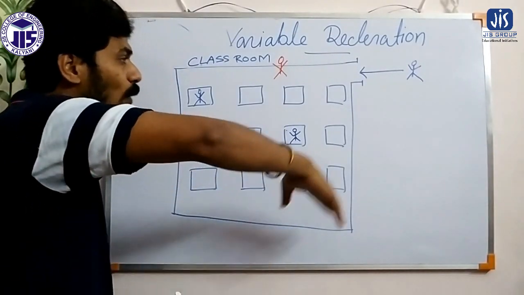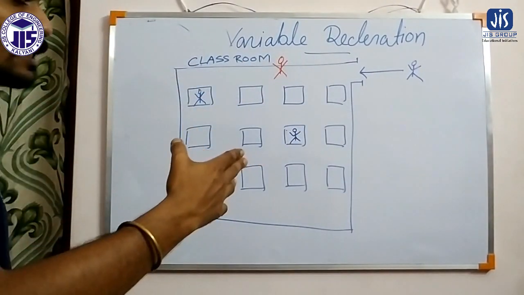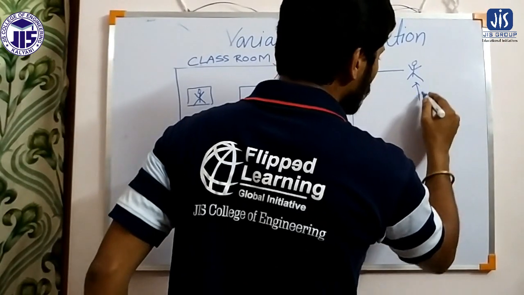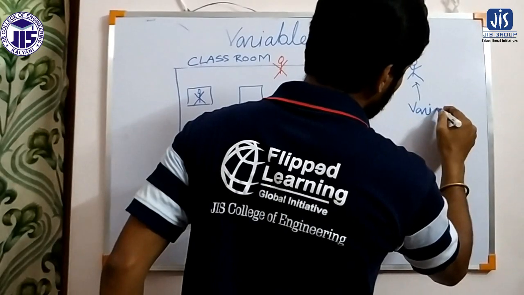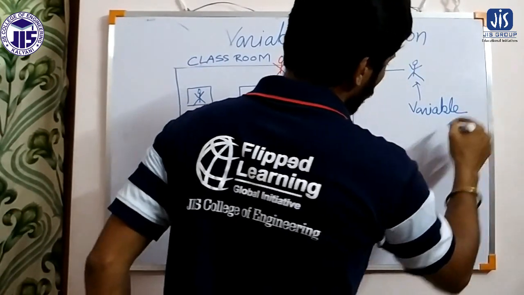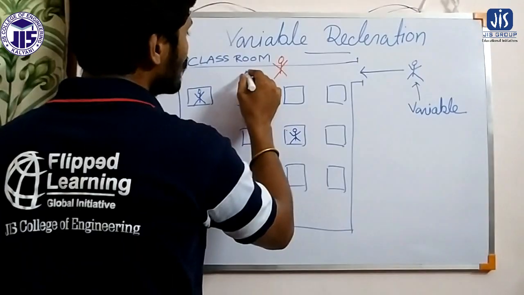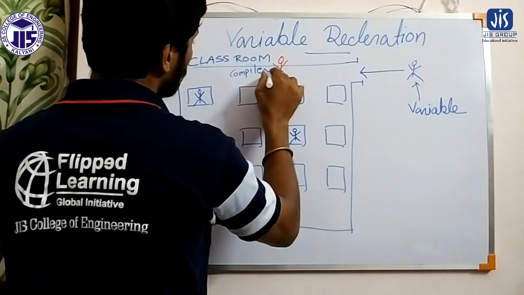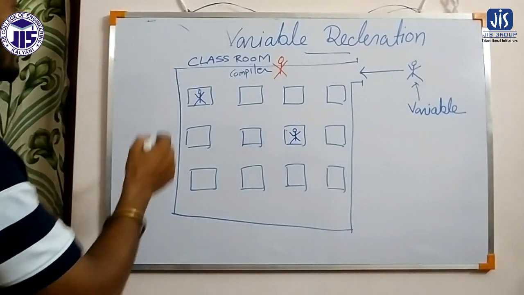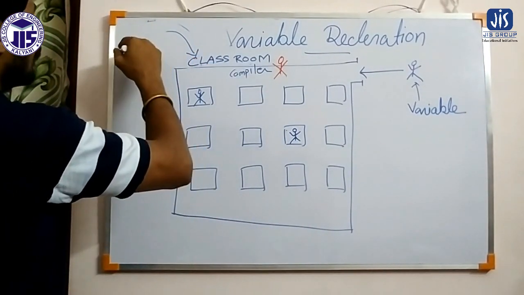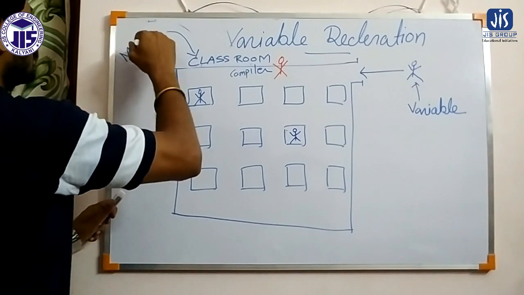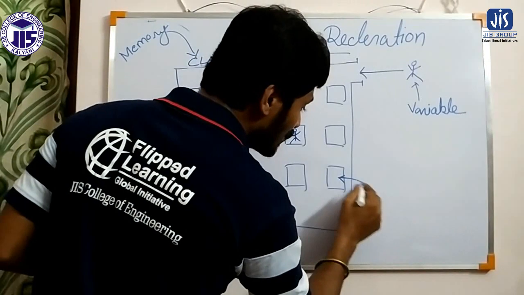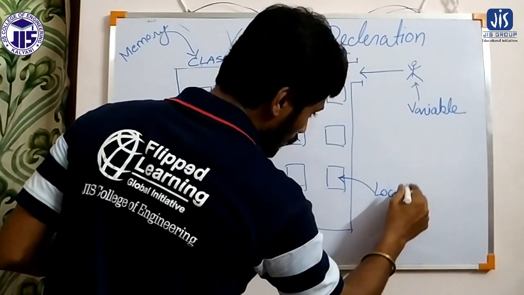Okay. So basically, if we compare this, we can say these students are variables. The teacher can be considered as the compiler. And this classroom is basically our memory. The classroom is memory, and each desk can be considered as each location.